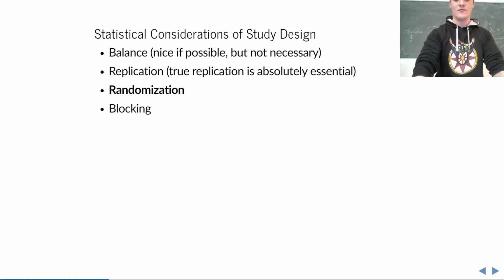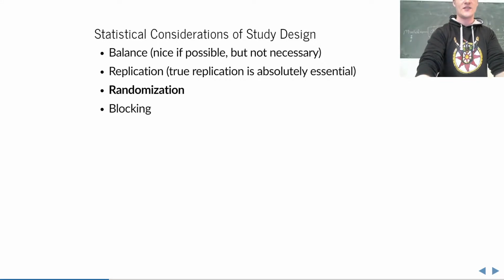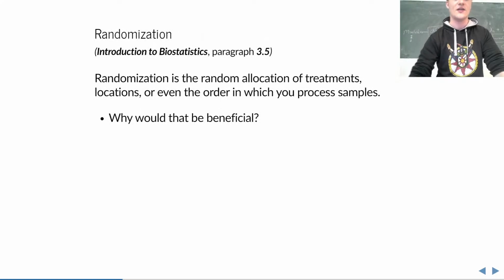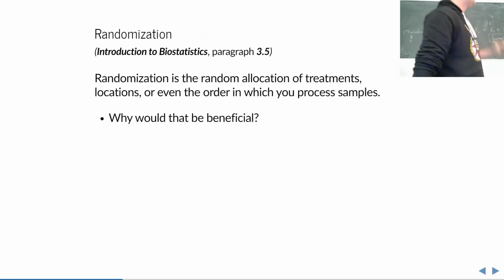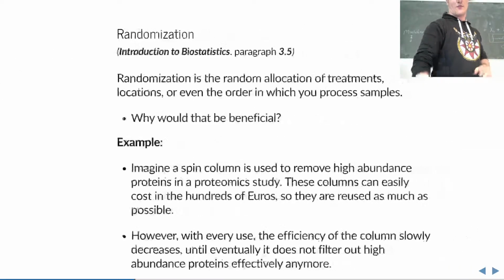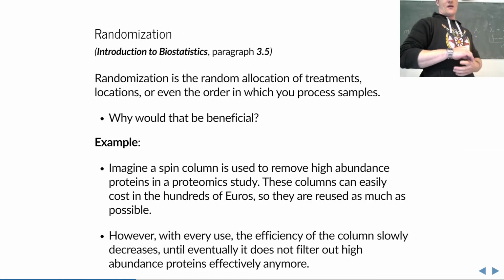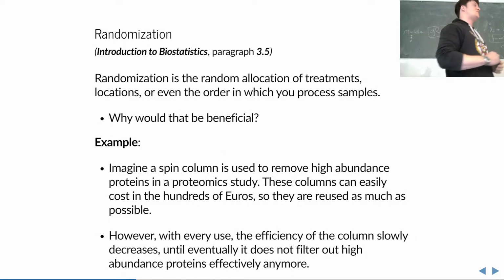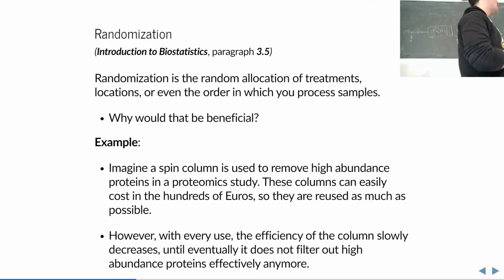Okay, randomization. I'm going to show a different way to interpret this than the last lecture. The idea is simply that if you randomly allocate your treatments, or randomly deal with your samples, or randomly sample, then you prevent bias. Now, why would it help? Let's say that you are using a spin column. This is what we used a lot at the laboratory I did my PhD research at.